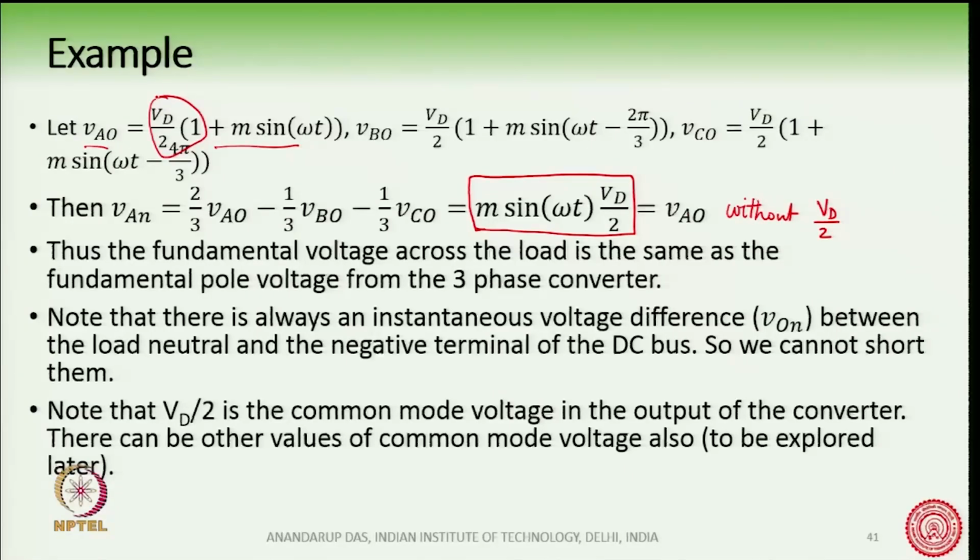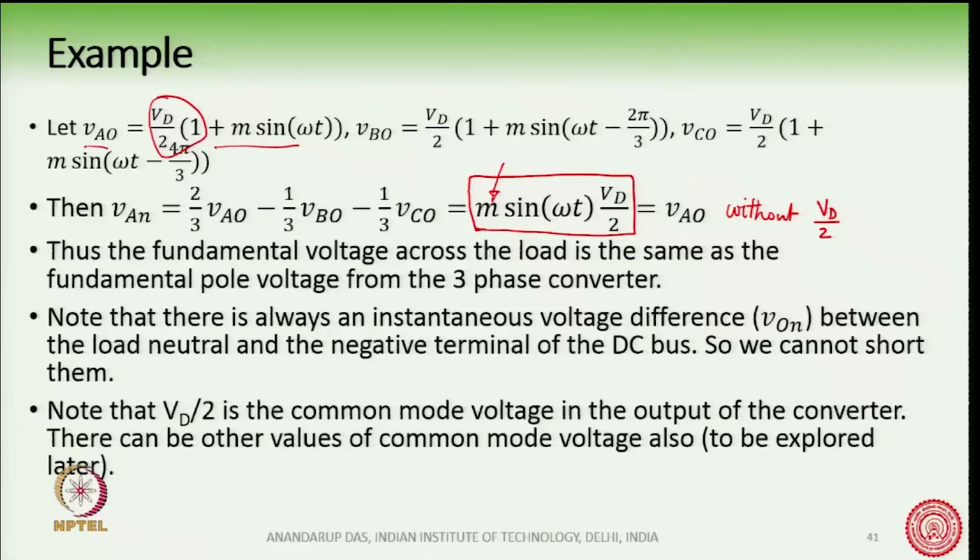So, therefore, by changing the value of m, it is possible to change the output voltage. If m is equal to 0.5, you get some voltage on the load; if m equals 1, you get more voltage on the load.